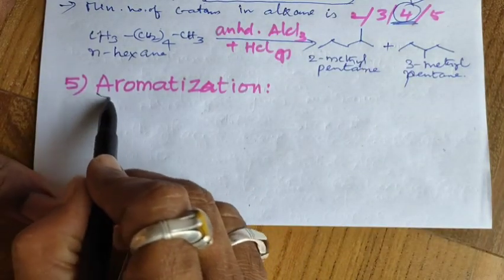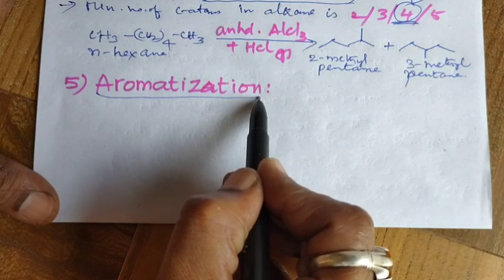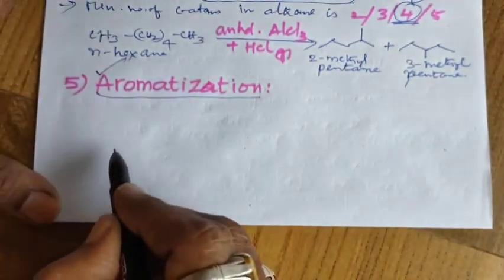Now open chain becomes into cyclic compound with aromaticity. This is known as aromatization.